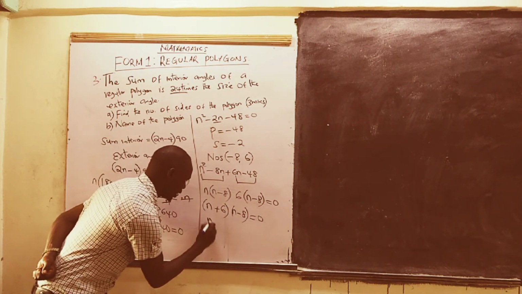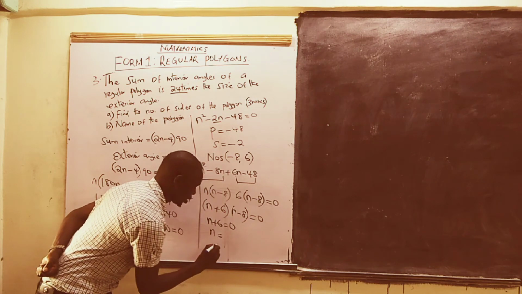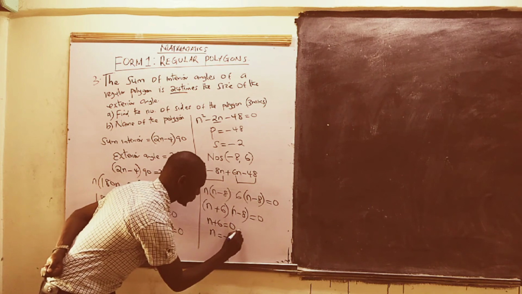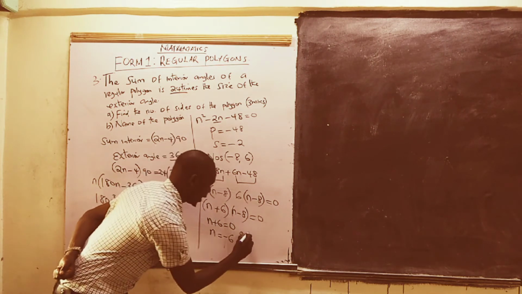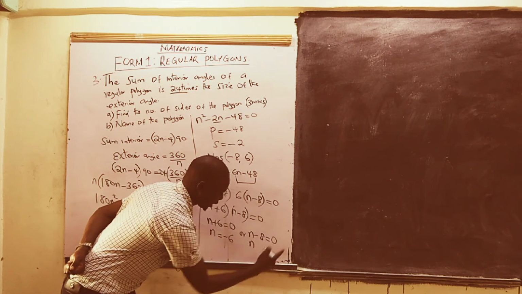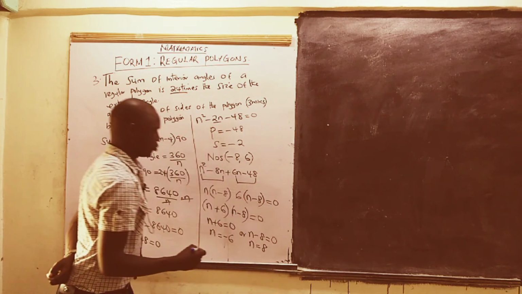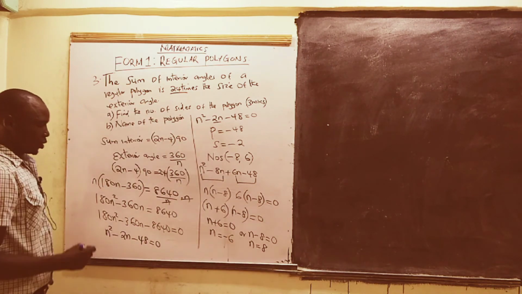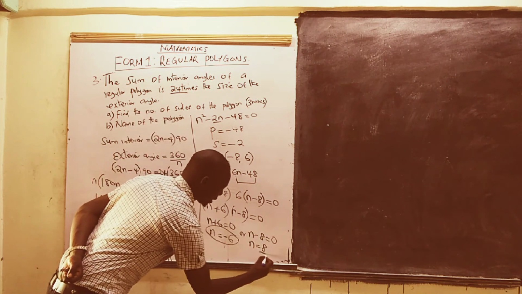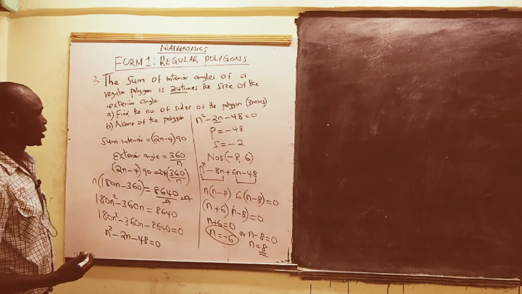Therefore, we can take n plus 6 is equal to 0, and our n is going to be equal to minus 6. Or if we take n minus 8 is equal to 0, if we take 8 to the other side, it's going to be positive, and our n is going to be 8. So we ignore the negative answer, then we pick our positive value because the number of sides cannot be negative.